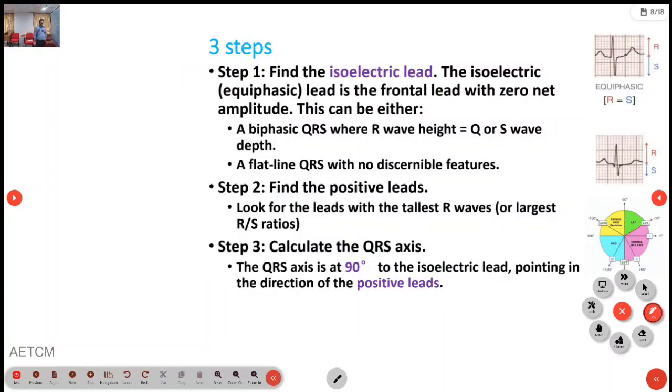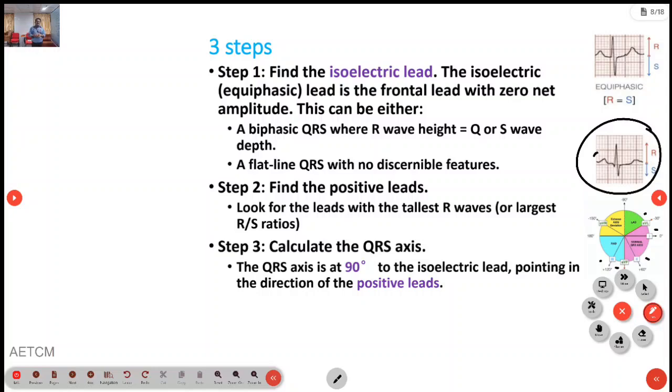In the isoelectric method, step 1 is to find the isoelectric lead, the isoelectric QRS complex. This is an isoelectric QRS complex. In any of these leads, you find out which one is more isoelectric. That means among leads 1, AVL, 2, 3, AVF, if the QRS complex is isoelectric, then take that.